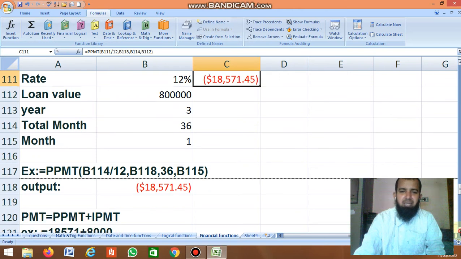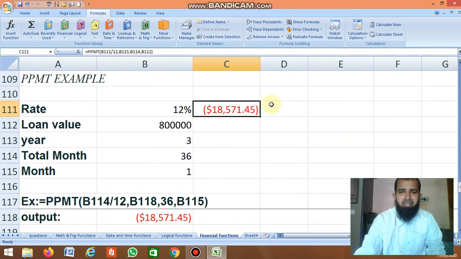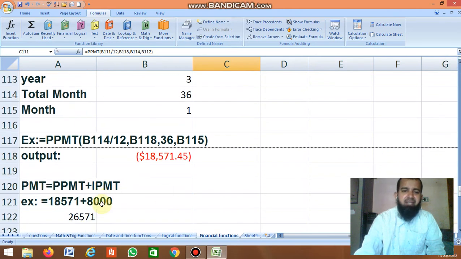So you calculated PMT. PMT you got 26,571. Then you calculated PPMT, the principal amount. Here you calculated principal amount 18,571. Then IPMT interest you calculated 8,000. If you add these two, PPMT and IPMT, PPMT is principal amount, IPMT is interest, combined you get PMT.